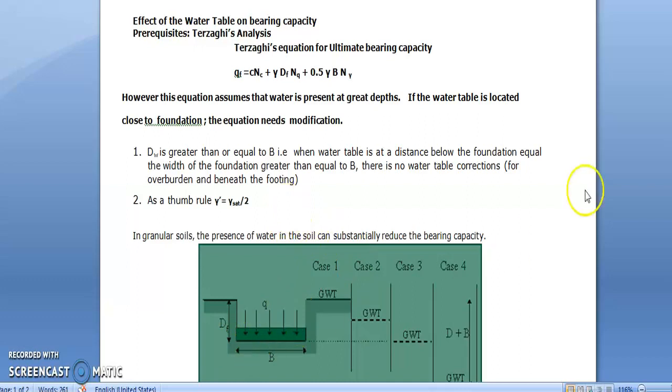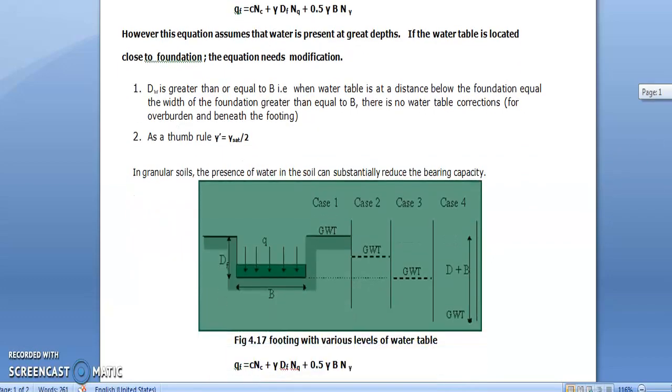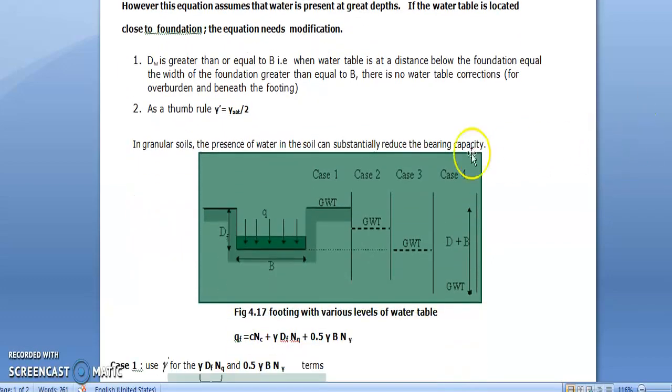Now over here, if I scroll down, this is my foundation level dF, shown in dotted line, and the water table is way below. How much below?